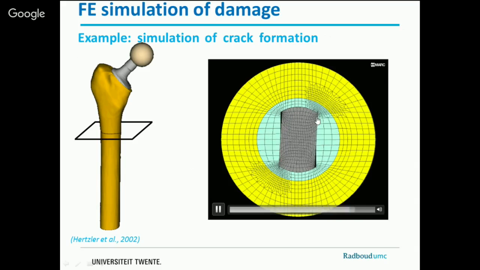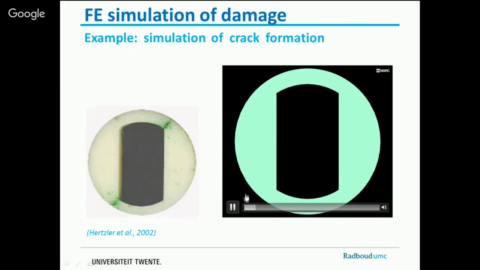And we're going to calculate the stress intensity around the corner of the stem, and we can simulate the crack formation here. And in Syracuse, we work together with people in America. They've done the testing, and it looks very nice. There's a nice fit, and we could also tune the time properties of this simulation.